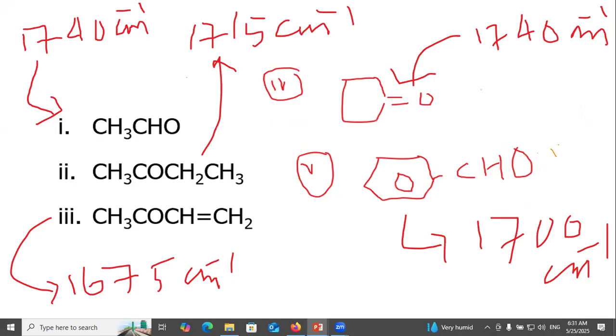In case of second compound, 1715 per cm. In case of third compound, 1675 per cm. In case of fourth, 1740. In case of fifth compound, benzaldehyde, 1700 per cm.